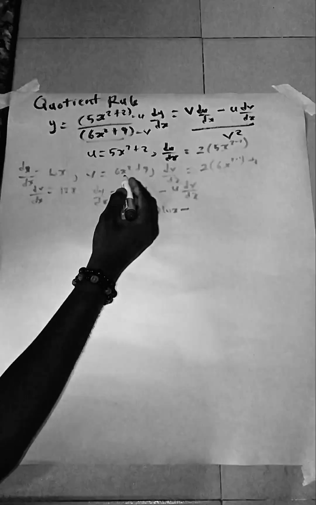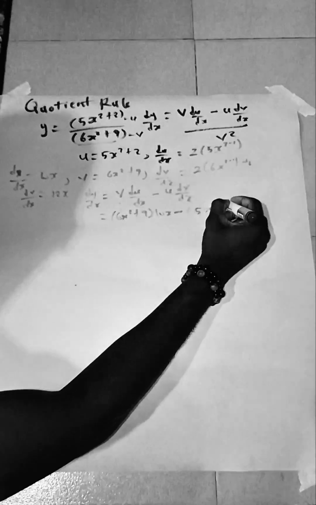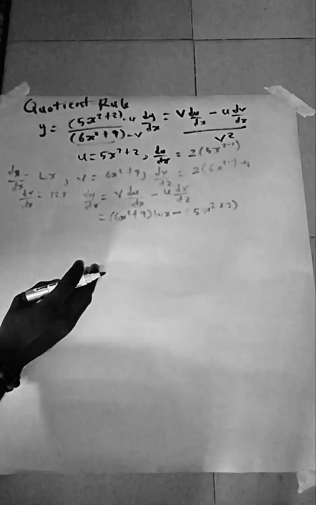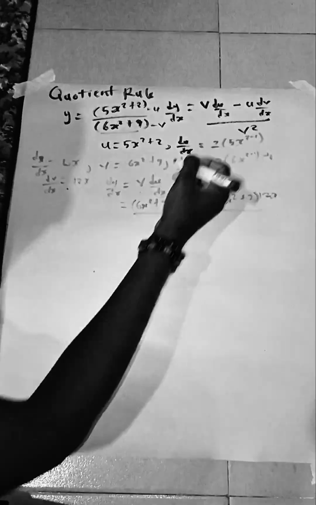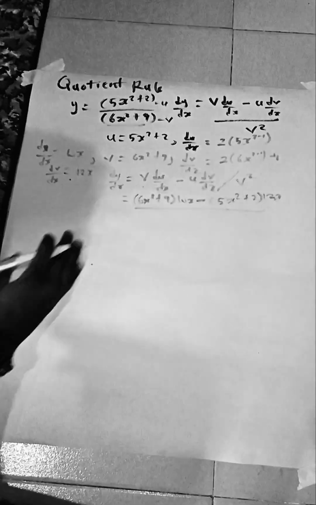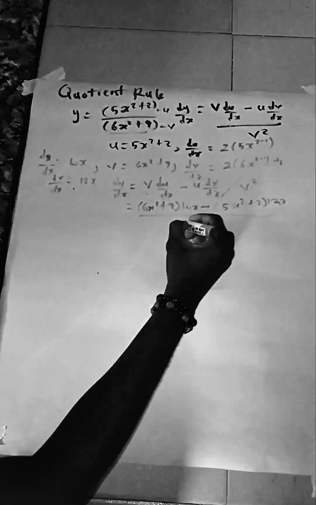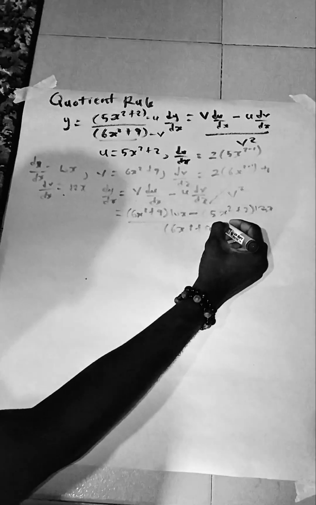Our u is 5x squared plus 2, multiplied by dv by dx, and dv by dx we established to be 12x. Then divided by v squared. Don't forget the formula. I forgot to add that here. Sorry, divided by v squared. So our v is what? 6x squared plus 9. So we have 6x squared plus 9, then all raised to the power 2.